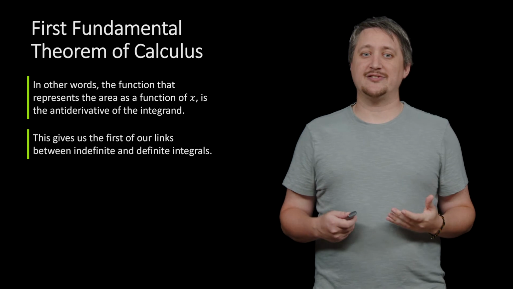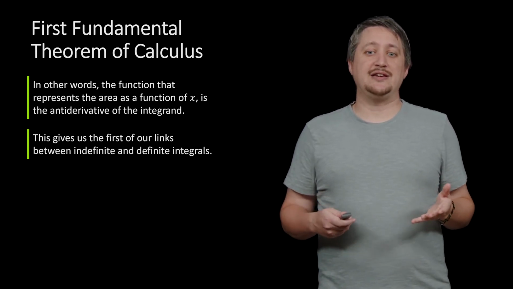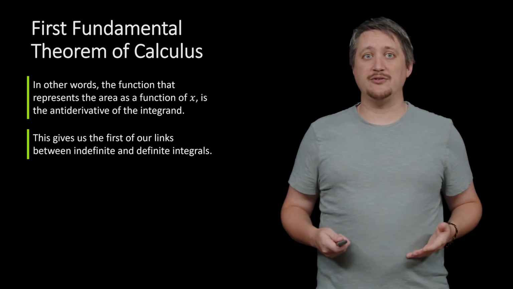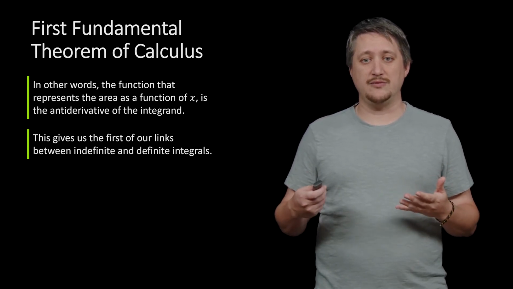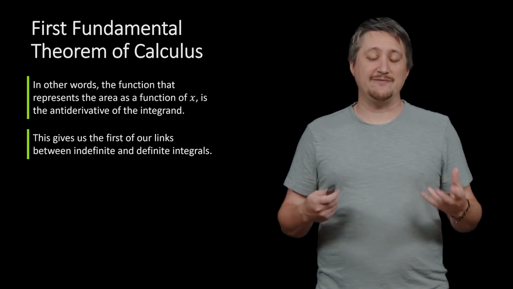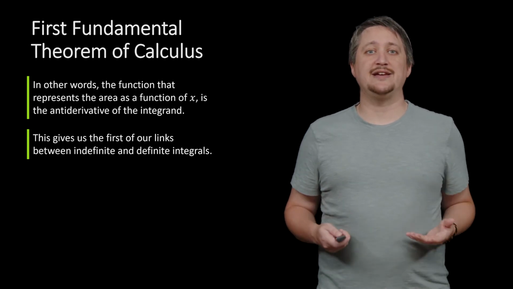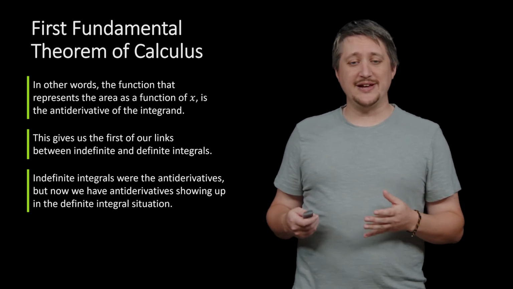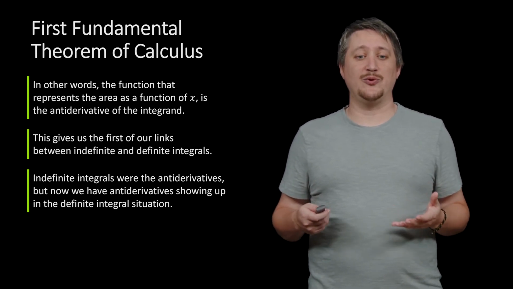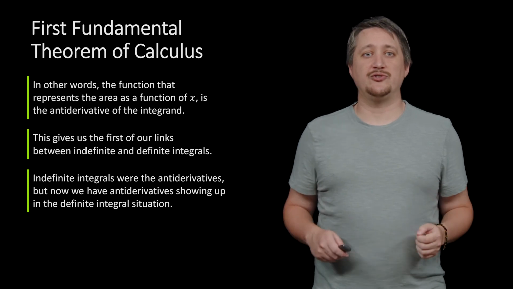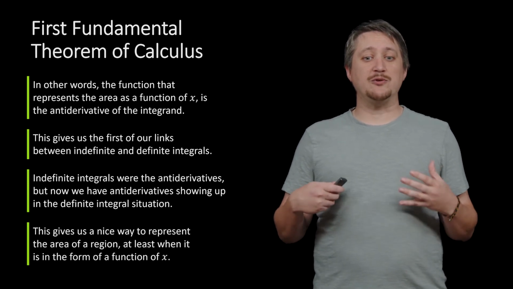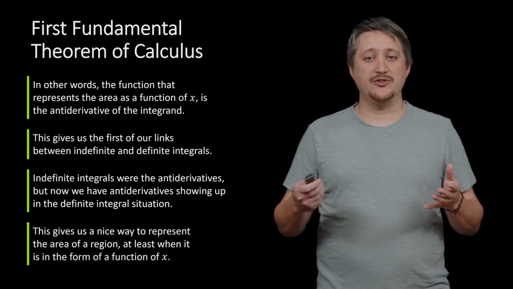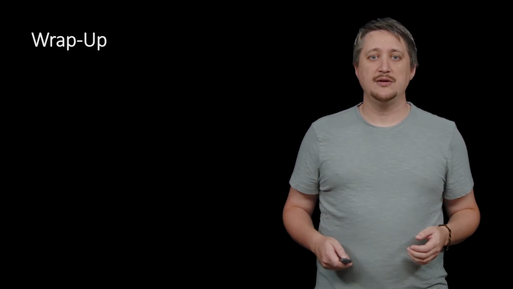So this is telling us that I actually can find that area, at least when the upper bound is this variable x, by using the antiderivative. Indefinite integrals were always the antiderivatives, but now we have antiderivatives showing up in this definite integral situation. And this gives us a nice way to represent the area of that region, at least when it's in the form of some function of x, okay?